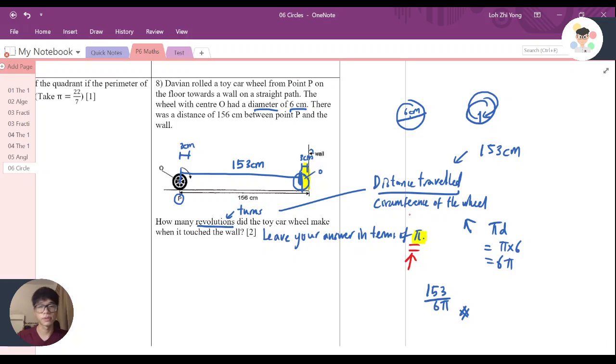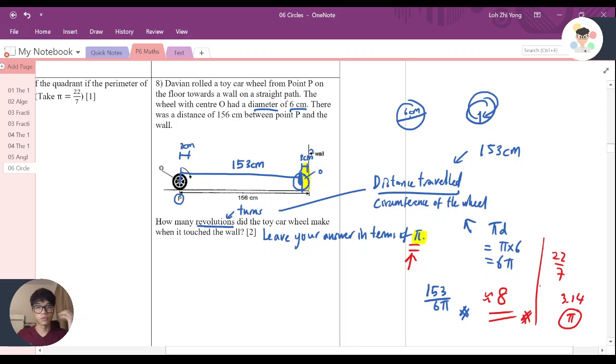About 8 times, approximately 8 times. So you can just press on the calculator and try it out, and you will find the same answer. But it might be slightly different depending on whether you use 22/7 or 3.14, and sometimes even the pi value inside your calculator will be different also.